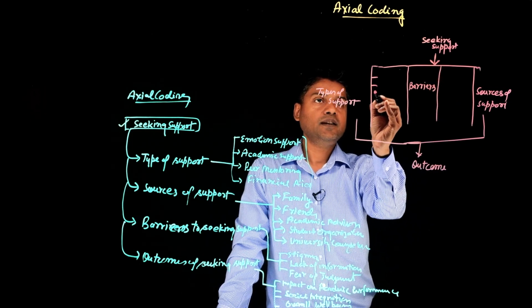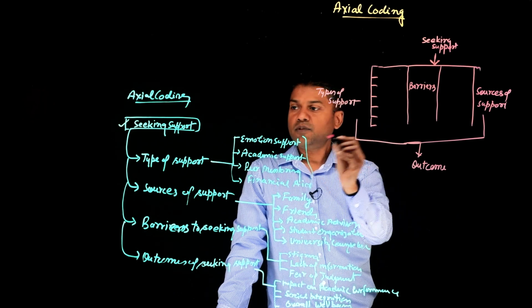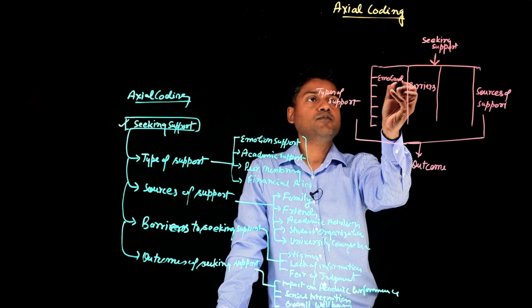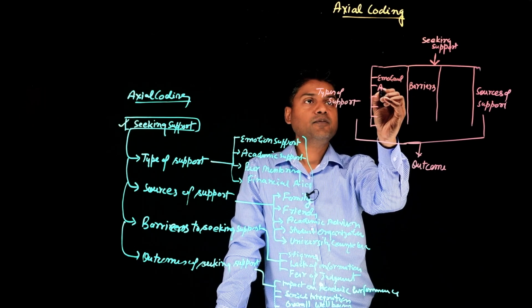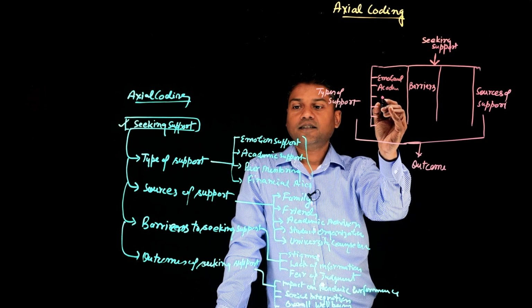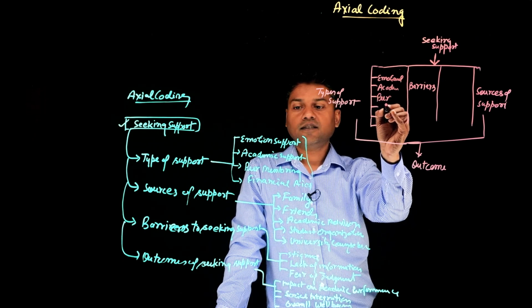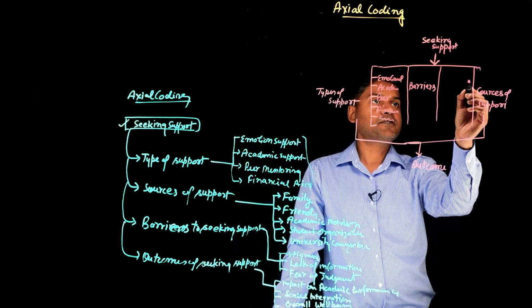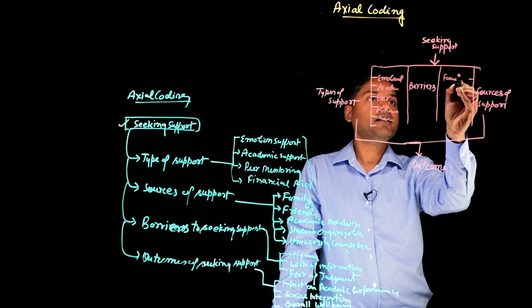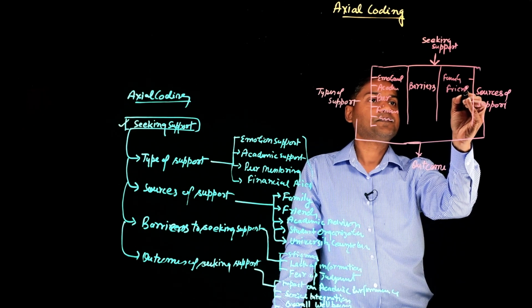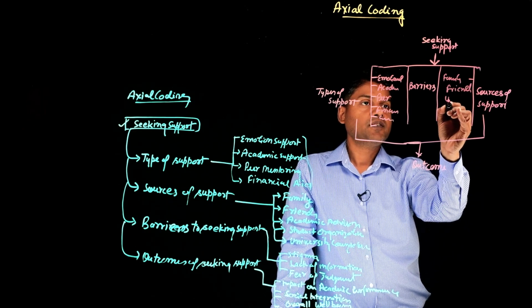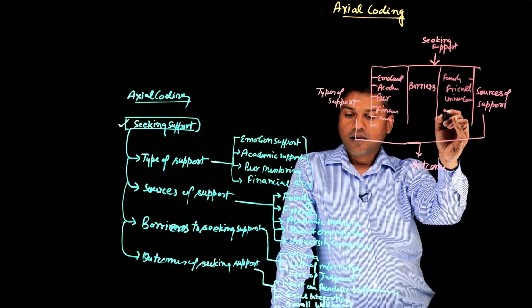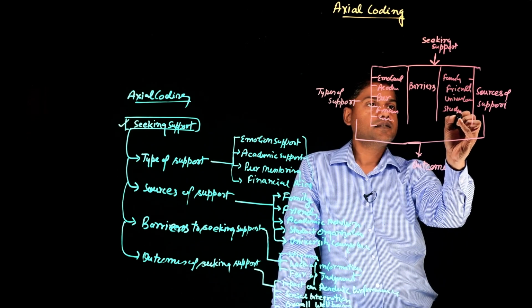And how do you see, so let me put it, types of support. So emotional support, academic support, peer mentor, financial aid, and then sources of support: your family, friends, university counselors, student organizations.